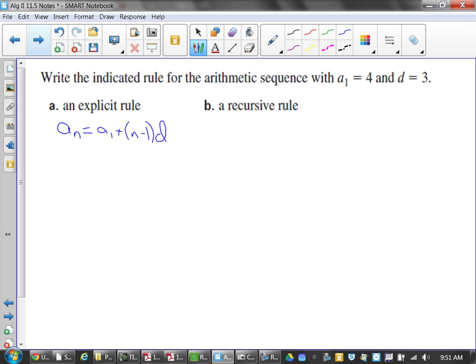You guys flew right through it. Distributive property, combine like terms. We know that 4 plus n minus 1 times 3. When I do that, what is my explicit rule then? 3n plus 1.